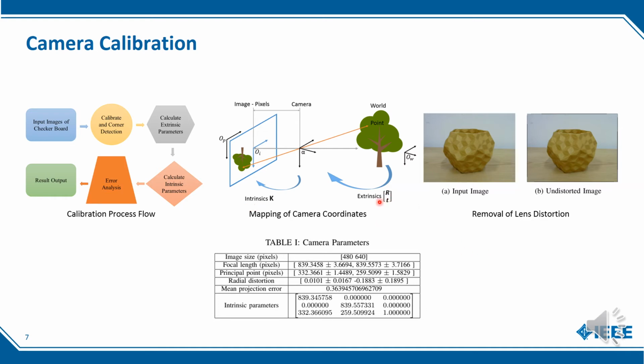The extrinsic parameters contain the location of the camera, whereas the intrinsic parameters hold the focal length of the camera in the 3D world. These two figures show the calibration process flow and mapping of camera coordinates that I have already explained to you, and this figure depicts the removal of lens distortion, and the undistorted image can be clearly seen in this figure.